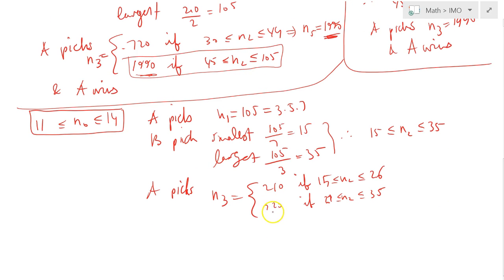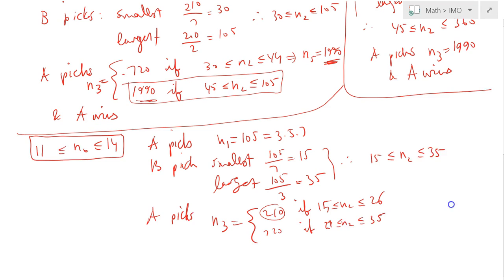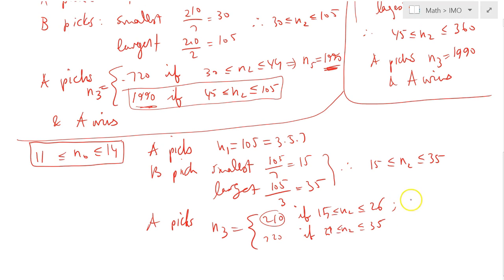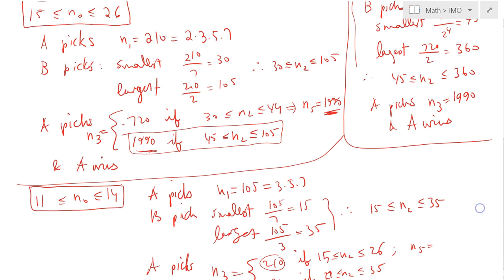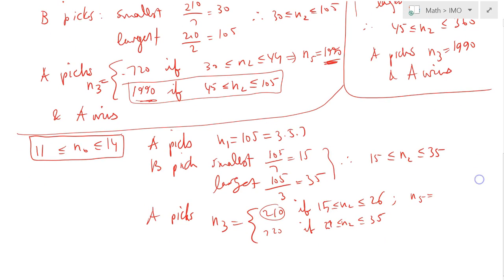If the 210 case happens, then in the next round, A will pick N5 following the order depending on what N4 is, 720 or 1990 directly. You can think of this like a tree diagram.